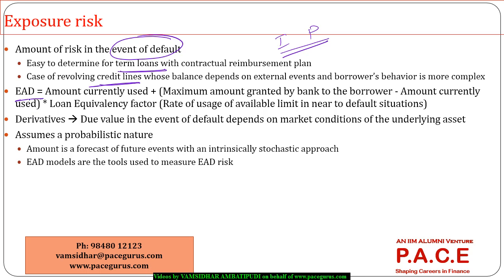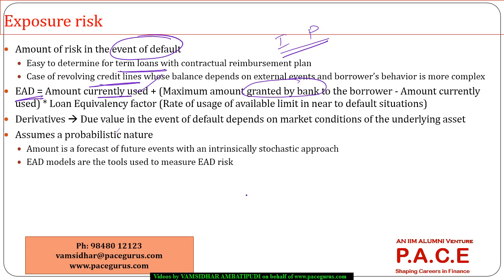So if I have to do a quick computation of the exposure at default, we talk about how much of the loan the borrower has already taken, the amount that he has currently withdrawn or used as part of the loan, plus whatever is the amount that is totally granted by the bank to the borrower, which is more like already discussed, that he would be entitled to a credit limit of this much. Out of this, he has already used some portion of the credit limit.